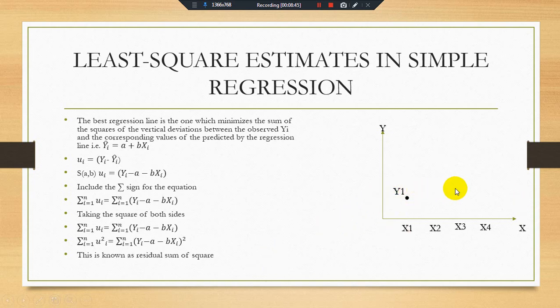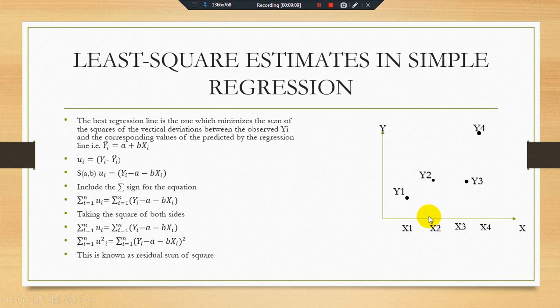We normally use a scatter diagram in the regression case. We have x2 and y2 here, x3 and y3, and here x4 and y4. This is the combination of x4 and y4.